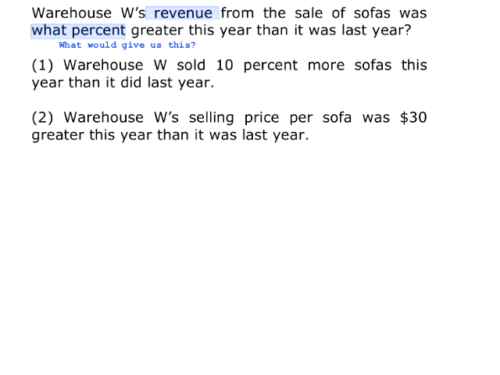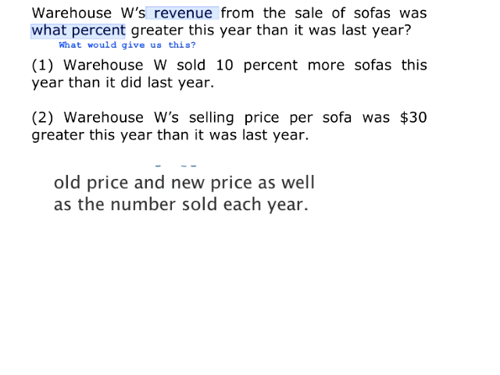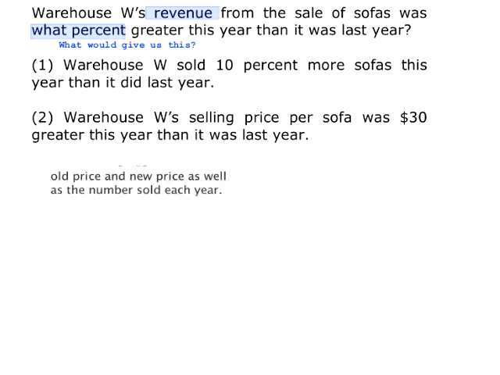So if you had all of that information, then of course, yeah, but they're not going to write data sufficiency problems like this. In other words, you have specific numbers of units for both years and actual prices for both years.